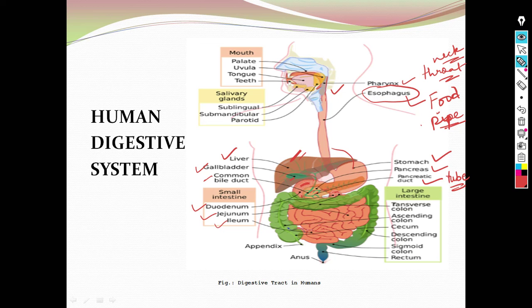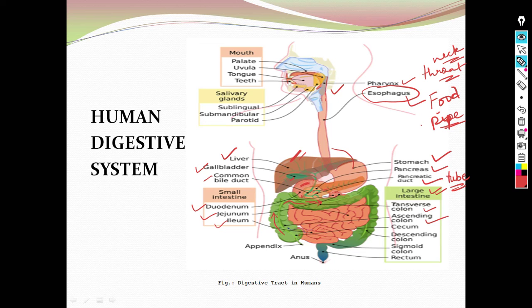Now this ileum is joined with your what? Large intestine. You can see here this ileum is joined with the large intestine, the green portion, and then it is ascending. Ascending means moving upward. So that is why it is called the ascending colon. Then it is going horizontally, so it is called the transverse colon.